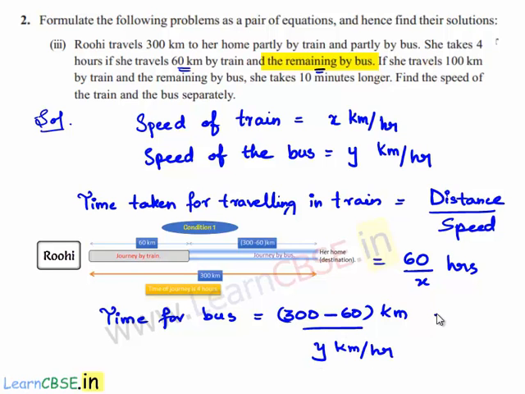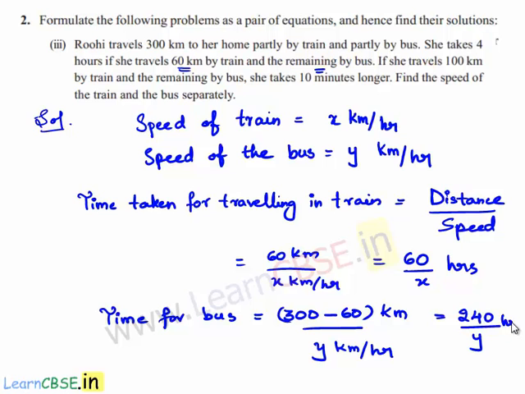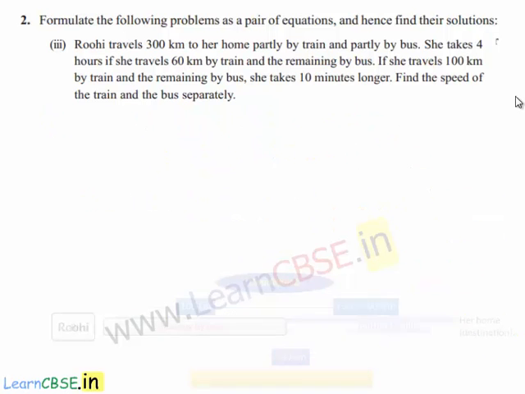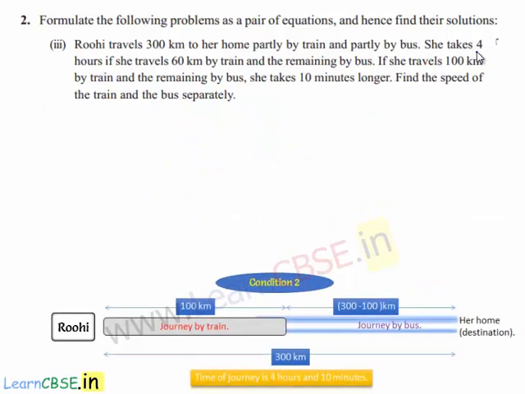So we get 300 minus 60 is equal to 240 divided by y hours. According to the given problem, the total time taken is 4 hours. So we can write 60 by x plus 240 divided by y is equal to 4 hours. Let this be equation number 1.